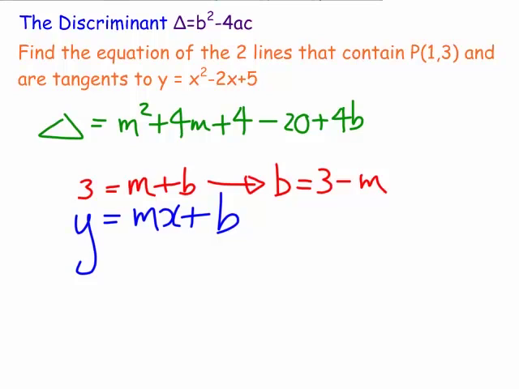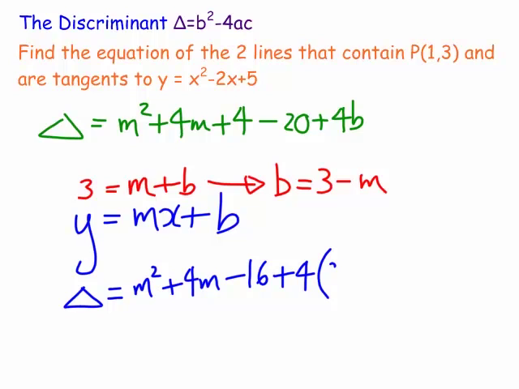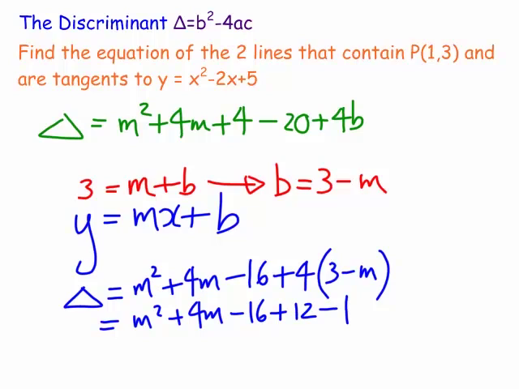So let's have a look. Delta worked out to be m squared plus 4m minus 16 plus 4 lots of b, which is just 3 minus m. And you can see here that 4 threes are 12. So it's going to be m squared plus 4m minus 16 plus 12 minus 4m.